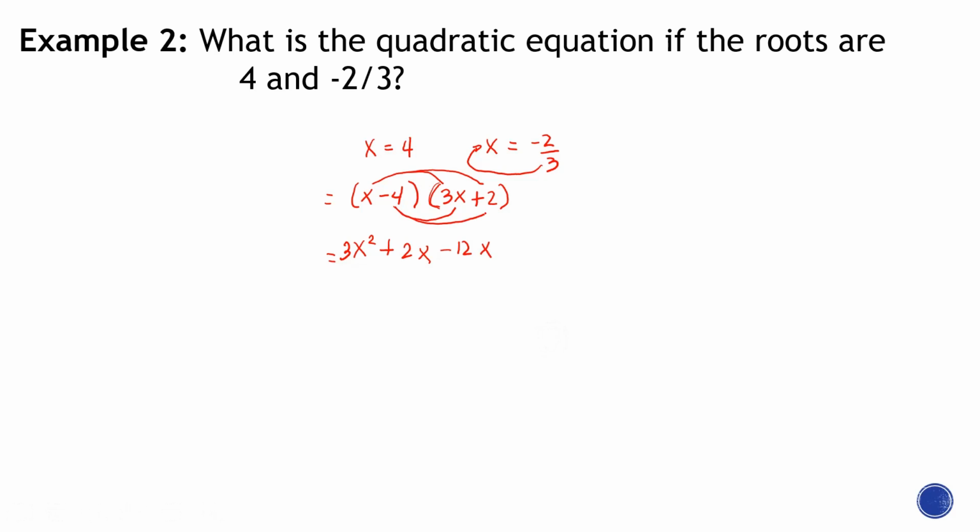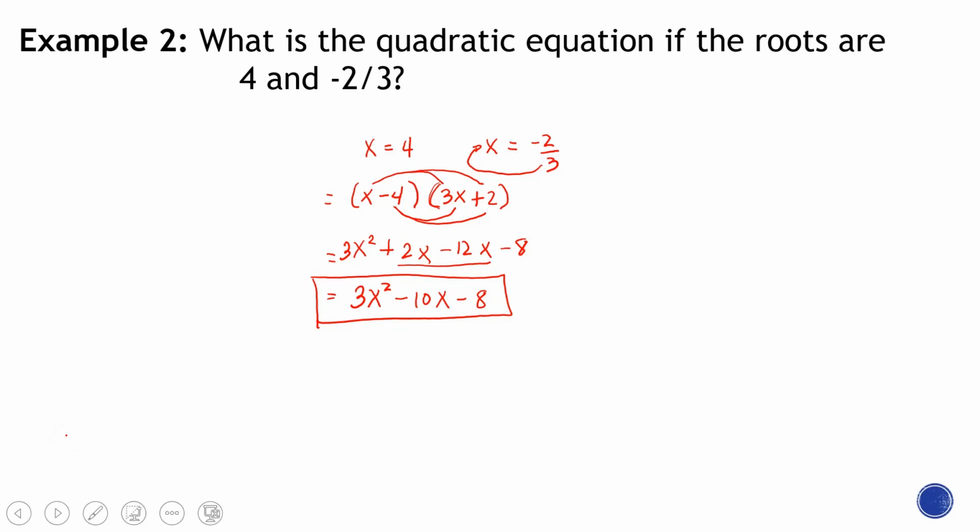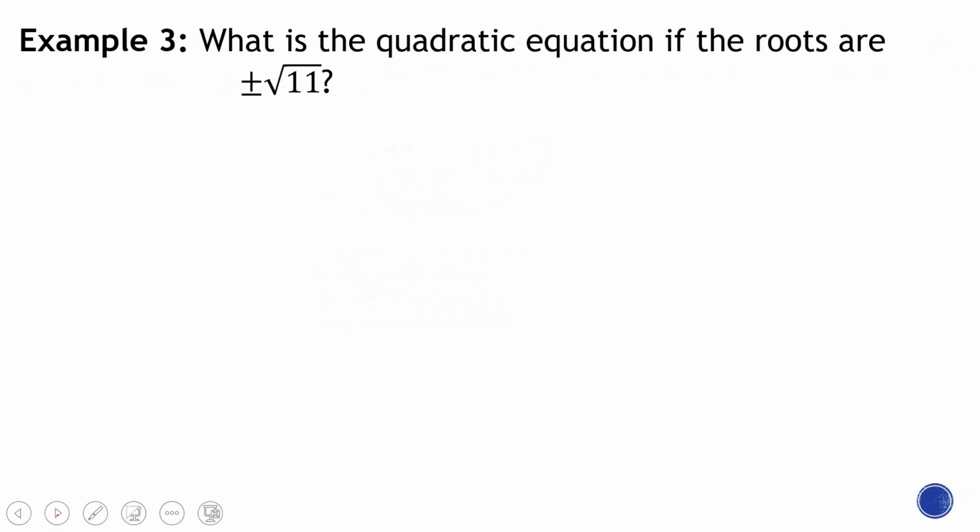And -4 times +2 is equal to -8. And then we can combine the two terms in the middle, of course. So 2 minus 12 is -10x minus 8. So this will be our quadratic equation. Okay, let's go to the next example.